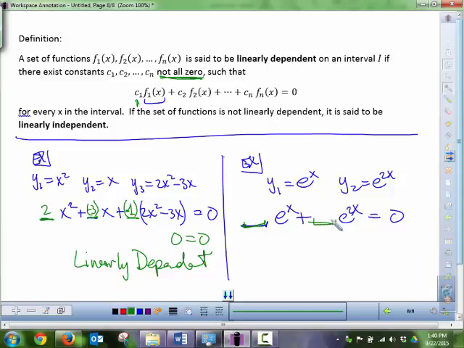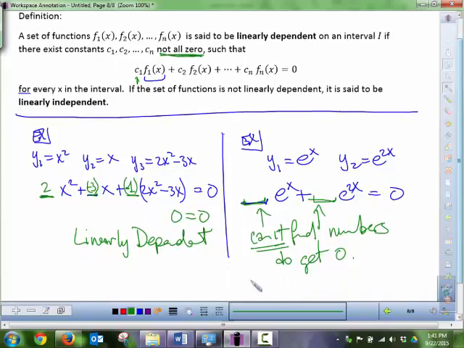But can I find two numbers that are not both equal to 0 that would make this equal to 0? And the answer is no. So I can't find numbers to make it all equal to 0, which means this must be linearly independent.